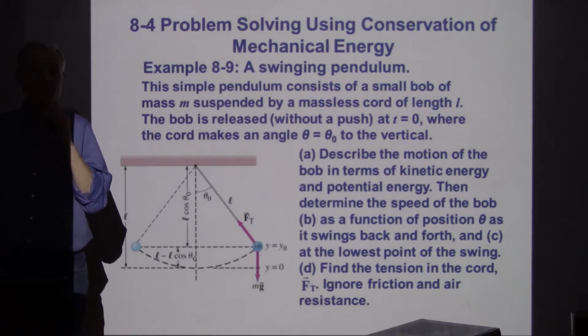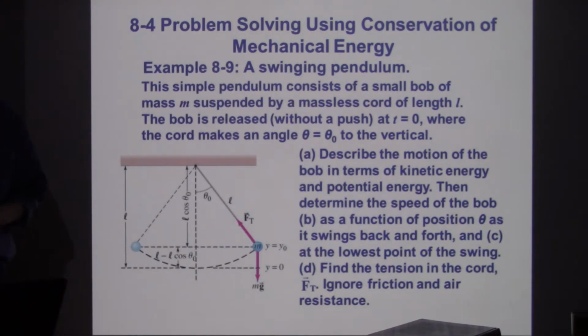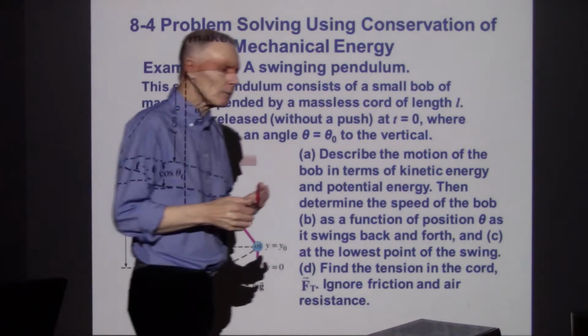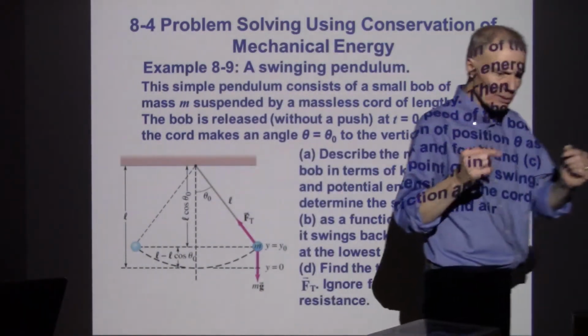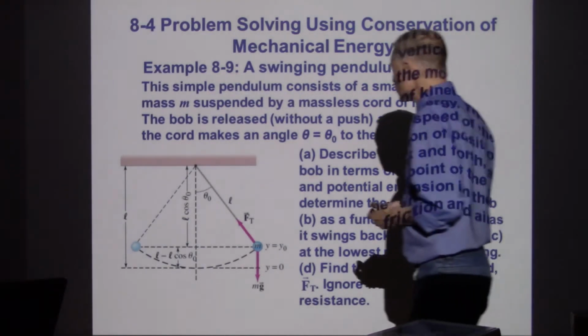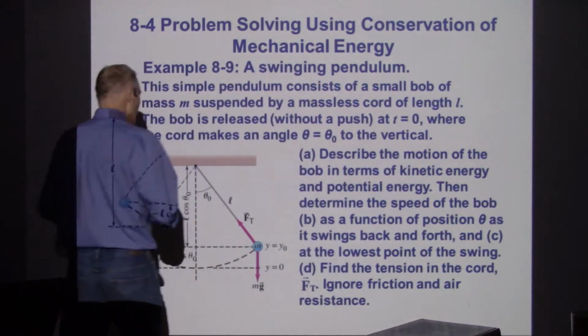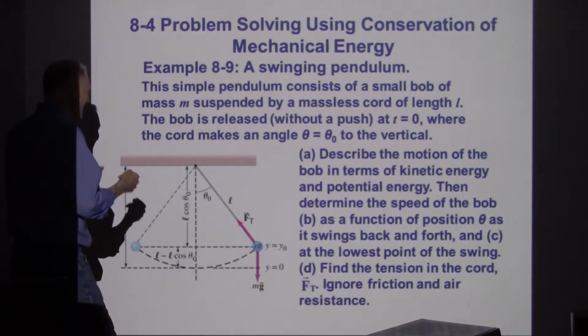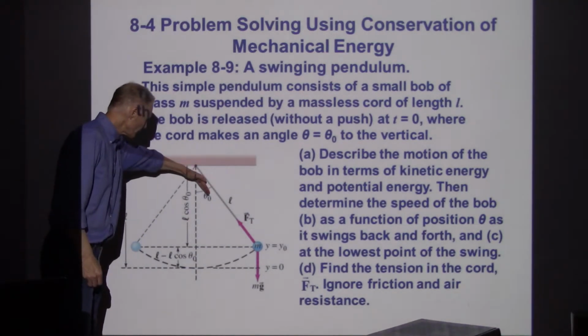So this pendulum sounds a lot like what we've been talking about. It's gravitationally driven, and by keeping track of the formulas that we've developed for gravitational potential energy and the formulas for kinetic energy, we are going to be able to keep track of V as a function of theta.